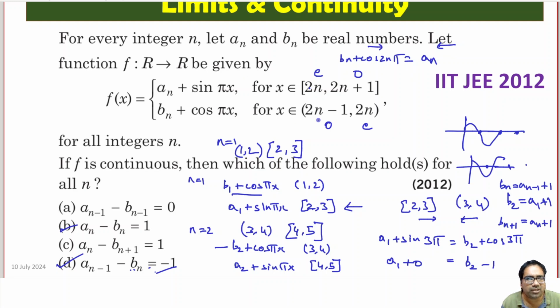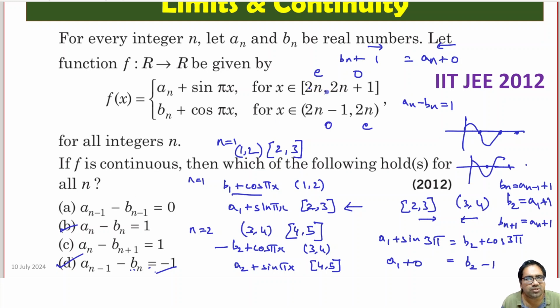Approaching 2n from the left hand side is bn plus cos 2n pi, and from the right hand side is an plus sine 2n pi. Sine 2n pi is anyway 0. Sine 0, sine 2 pi, sine 4 pi, all are zeros. So this is equal to an plus 0. And cos 2n pi is actually equal to 1. So bn plus 1 is equal to an. That is nothing but an minus bn is equal to 1.